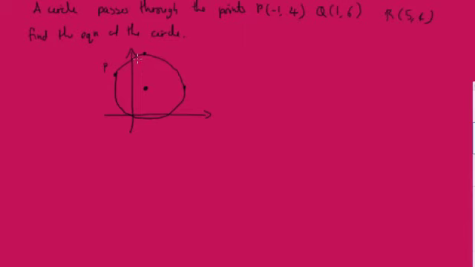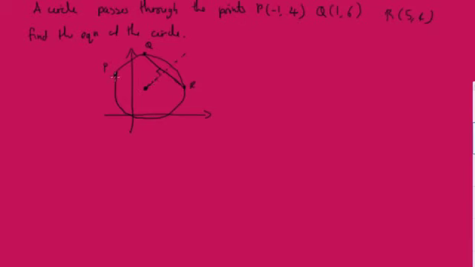Because of that, we know that the centre of the circle lies on a perpendicular bisector. We have a chord between Q and R, and then we have this line coming down which is perpendicular.